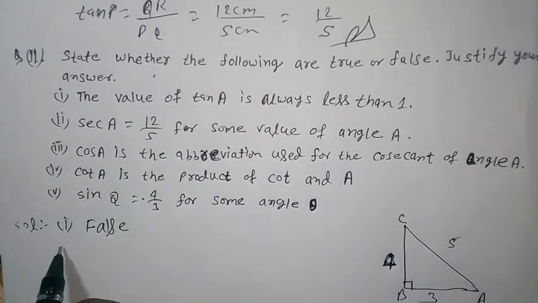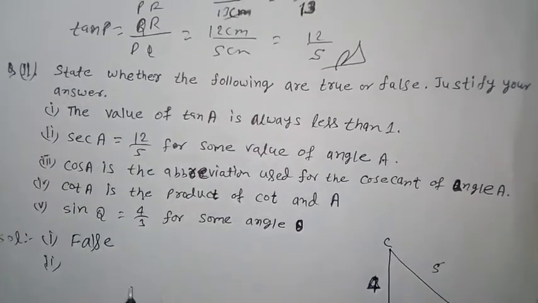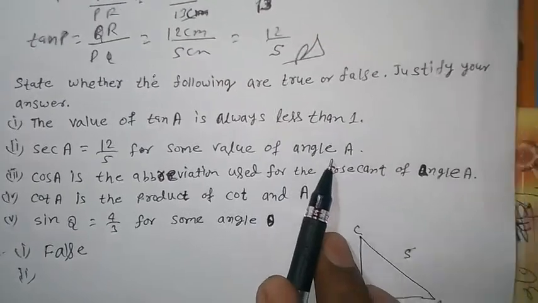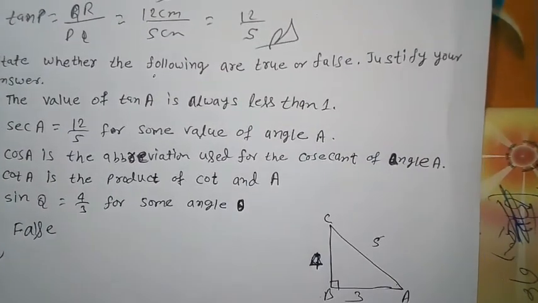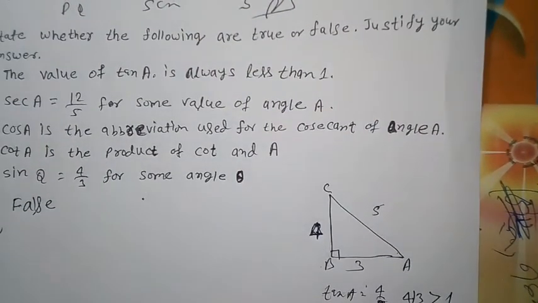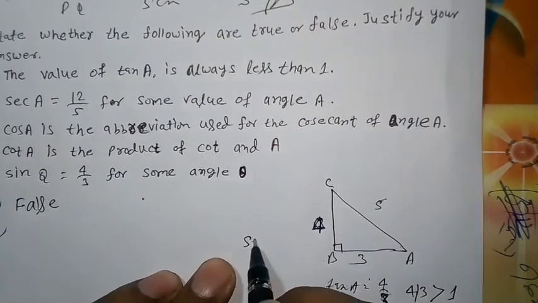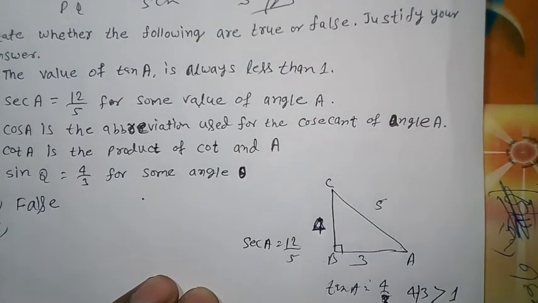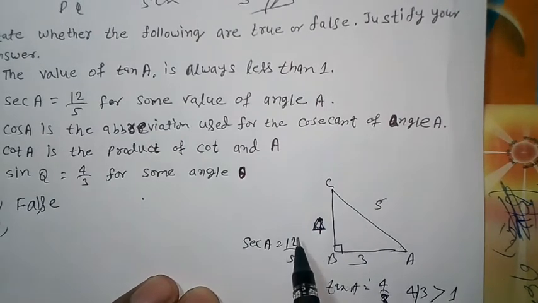Okay, question number 2. Sec A is equal to 12 by 5 for some value of angle A. Sec theta is equal to hypotenuse by base.